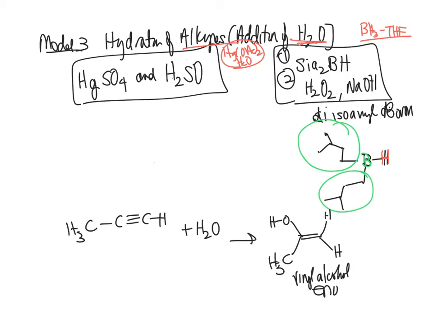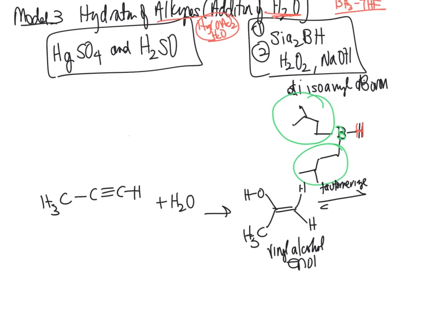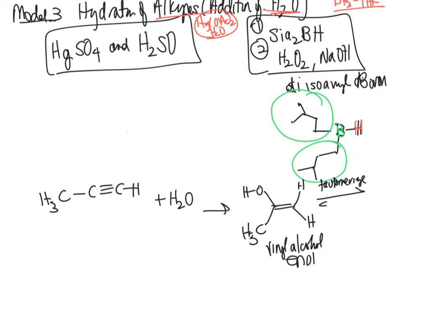It's also called an enol. Right? And we have equilibrium arrows here, tautomerize, and you're going to see your product here is a ketone.